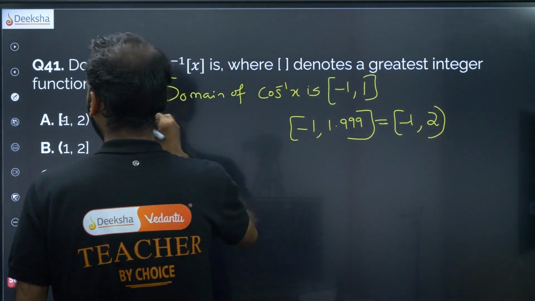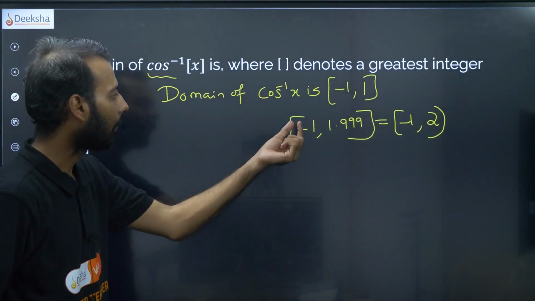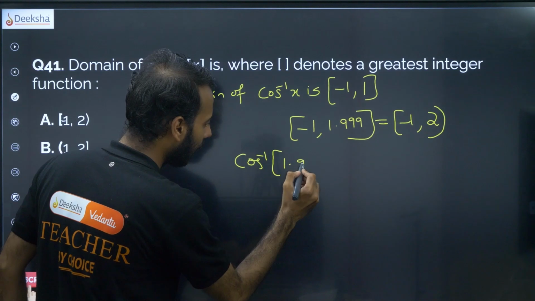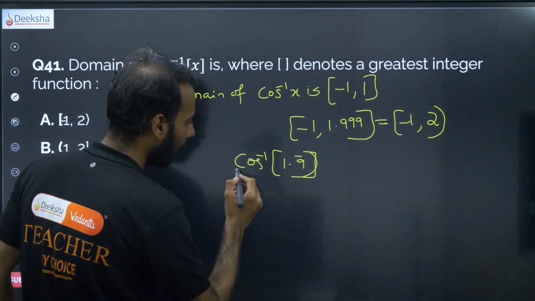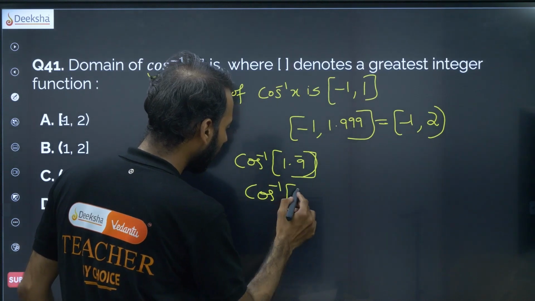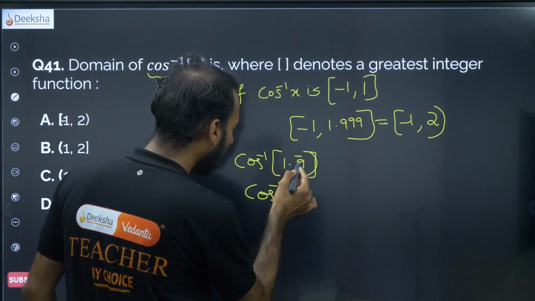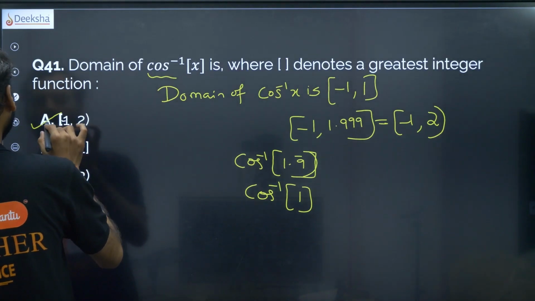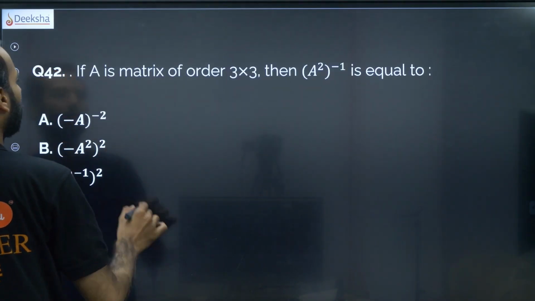So if I am keeping cos inverse of 1.9 bar, then also I will get cos inverse of 1.9 bar is 1 only. So up to 1.9 bar we can give. So the answer for this is A, minus 1 to 2. Moving on to the next question.